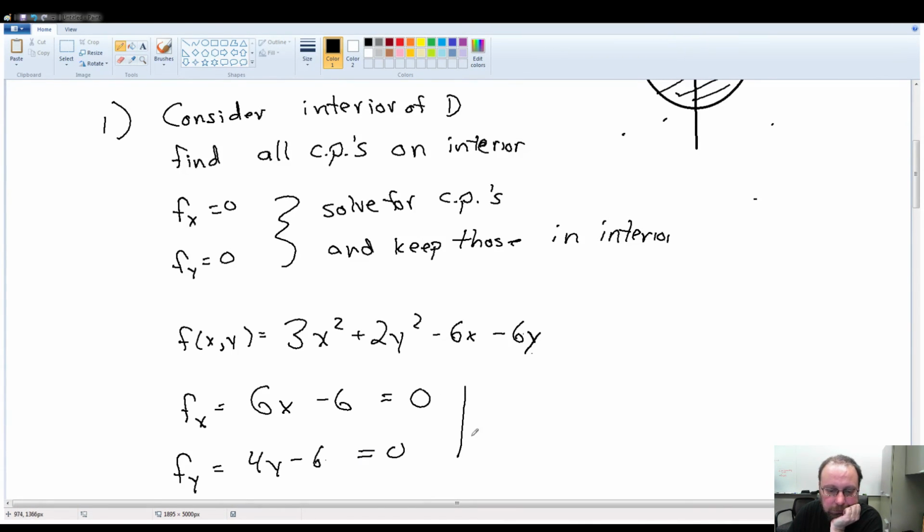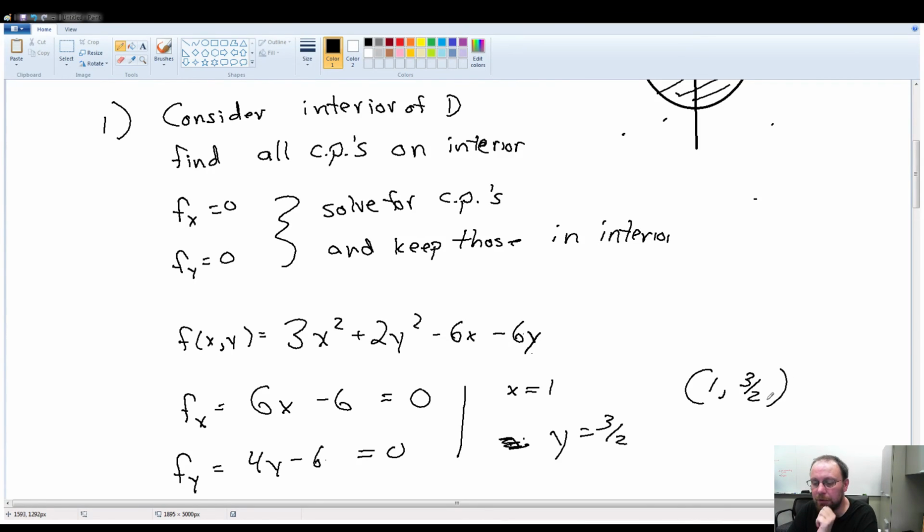And then we solve the system, so we see from the first equation that x must be 1 and y must be 6/4, so 3/2. So that's a critical point.